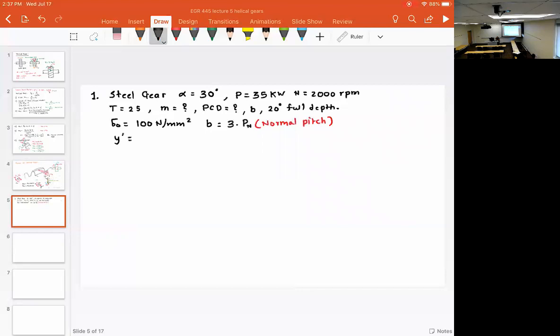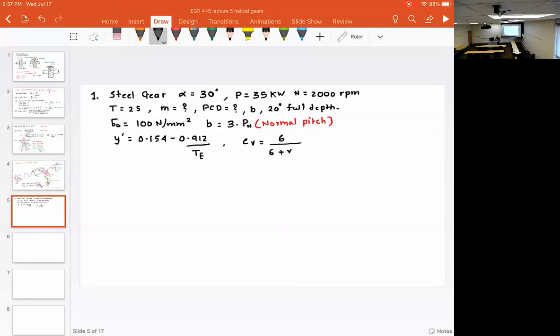And the tooth form factor is given by the equation 0.154 minus 0.912 divided by Te, and the velocity factor Cv is equal to 3 divided by 3 plus v. So the velocity factor is given to us.